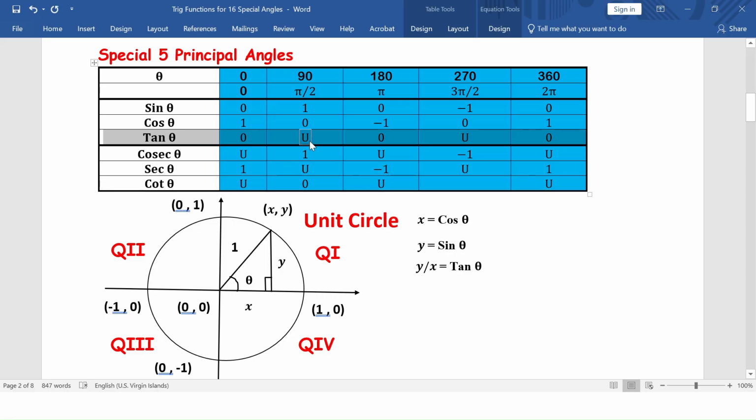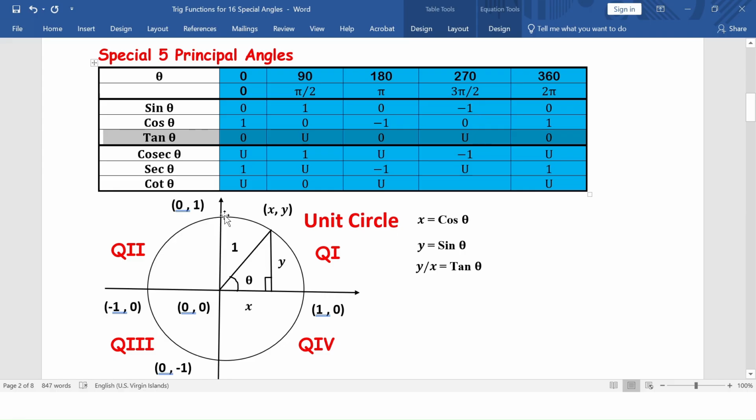Okay, because it will be either positive infinity or negative infinity. So it is undefined, which means it does not exist, in other words. Then if you go to tangent of 180, it will be 0 divided by minus 1. So 0 is on the numerator and minus 1 on the denominator, so it will be 0 again. At 270, y divided by x, which is sine theta, minus 1, divided by 0, so it will be undefined again.